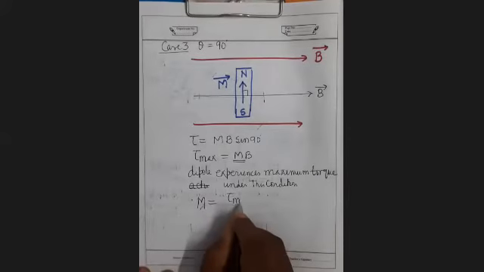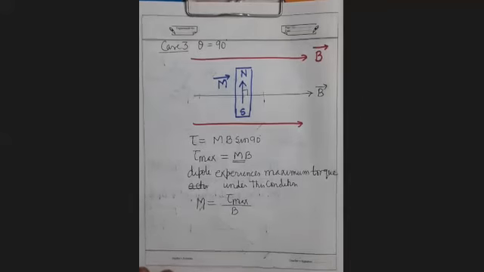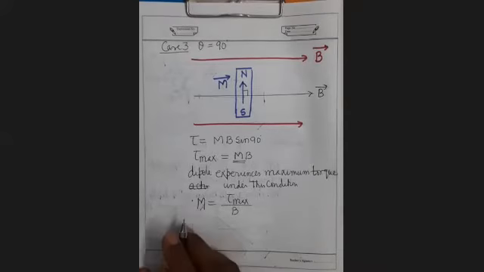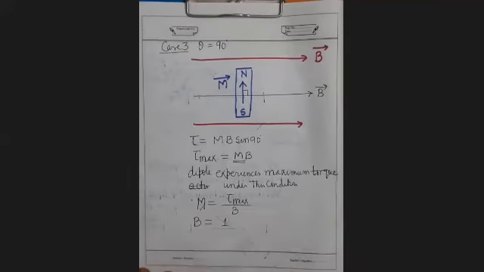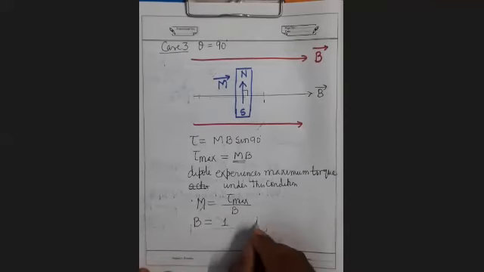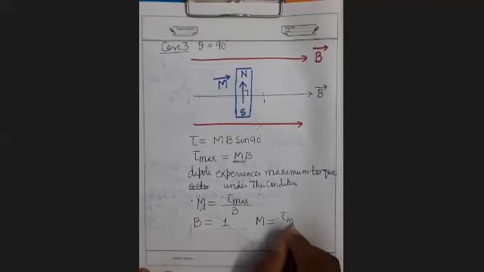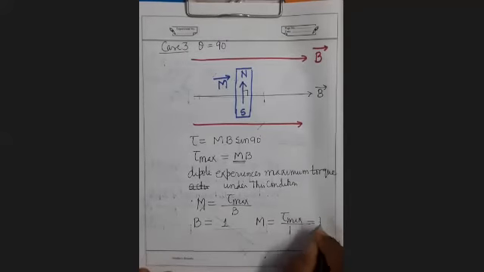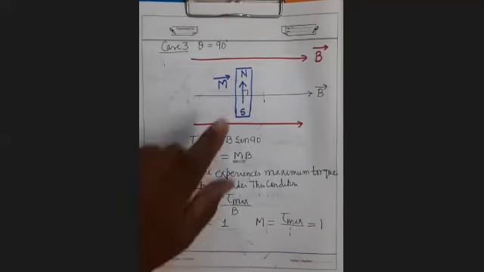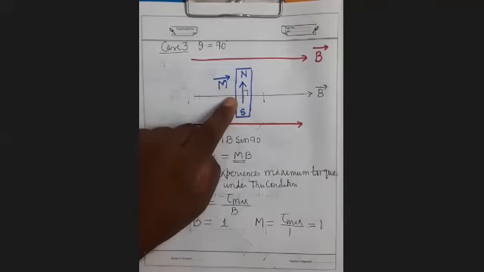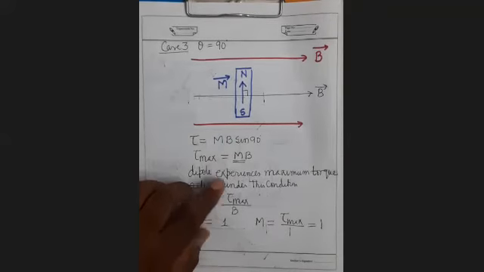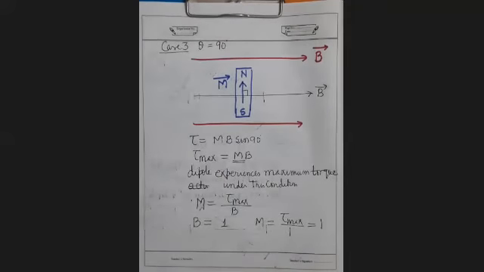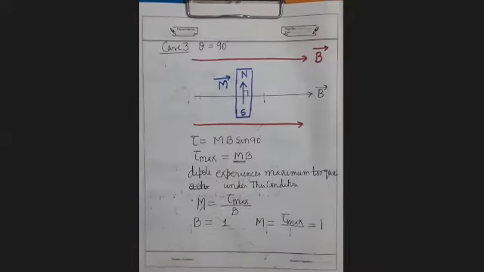It is tau max upon B. Now, suppose this magnetic dipole is placed in a uniform magnetic field of unit strength perpendicularly.